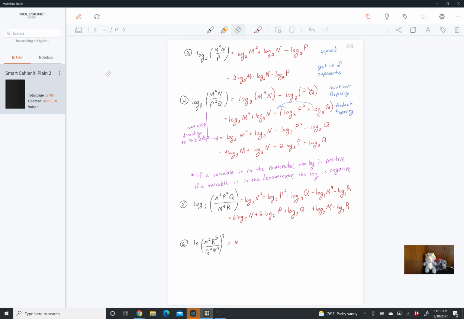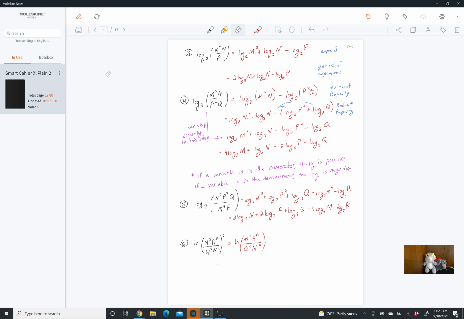This becomes ln m to the 4th r to the 6th over q to the 4th n to the 8th. Remember, we multiply exponents. Okay. And now we can just expand and get rid of exponents. So by expanding, the m to the 4th and the r to the 6th are positive because they're in the numerator. And the q to the 4th and the n to the 8th are negative because they're in the denominator.